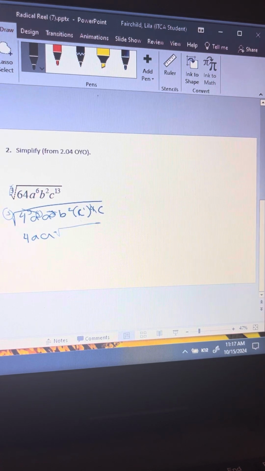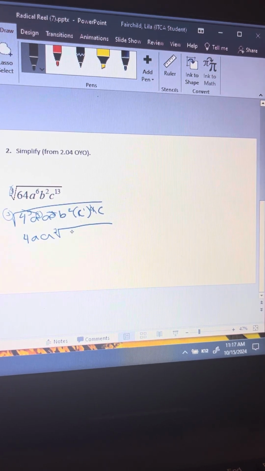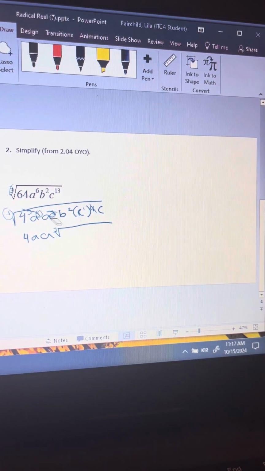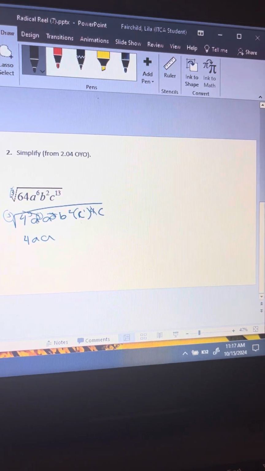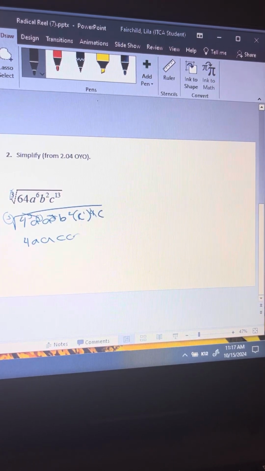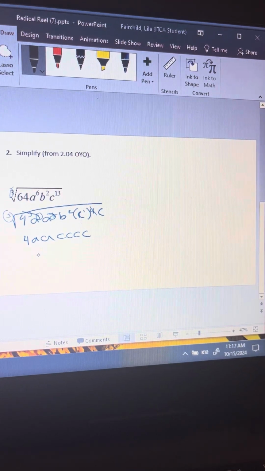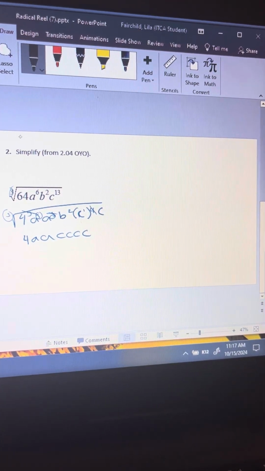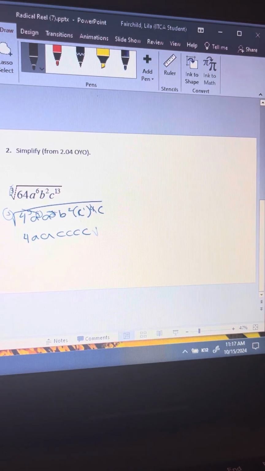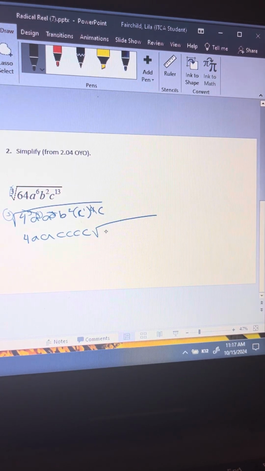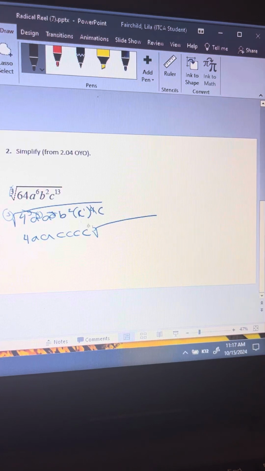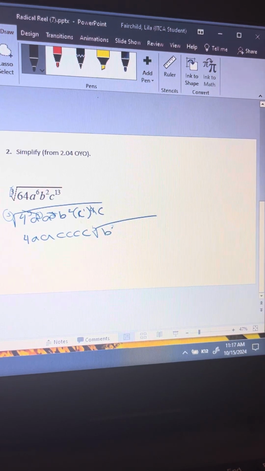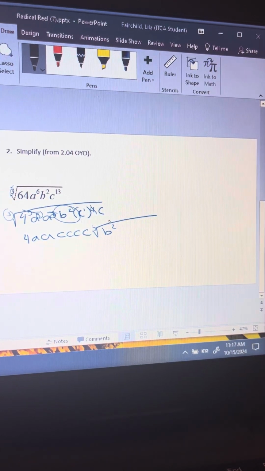So you're going to put the square root here, and then 3. Oh, whoops, I got ahead of myself. So for the c, I'm going to do 4 c's. And then you're going to put this right here again, because the other things couldn't be simplified. And the b to the 2, of course, because we haven't been able to do anything for that.